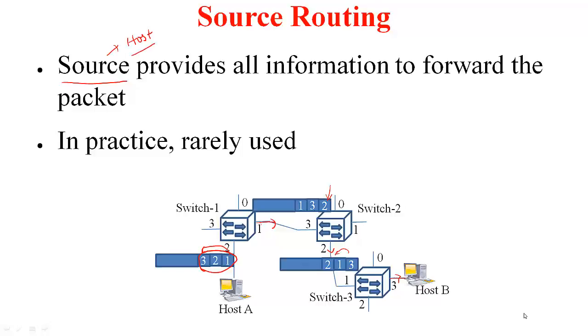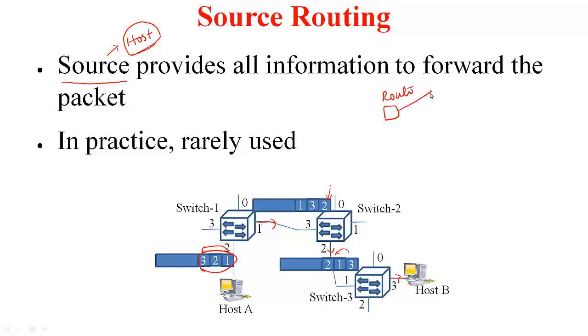As mentioned, this is rarely used in practice because the source, which are typically hosts, have to run the routing protocol, and routing protocols can be rather complex because you are trying to figure out a route when there are millions of hosts out there and nearly thousands of switches that are out there. So where is it used? Sometimes it is used in the internet core in the routers.